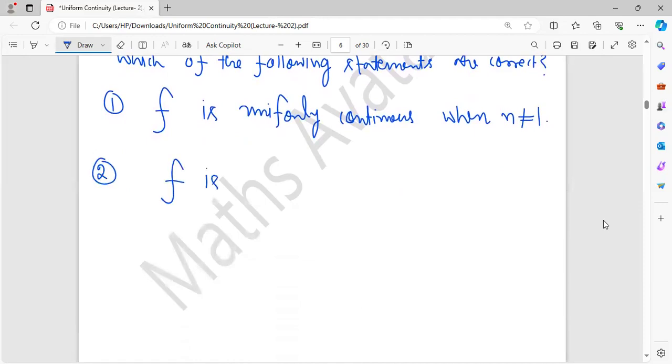Number 2, f is never uniformly continuous.